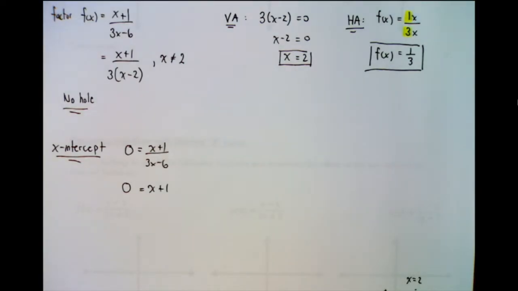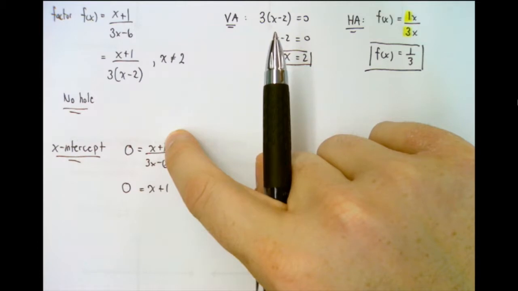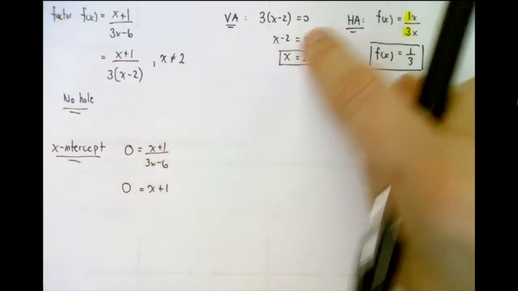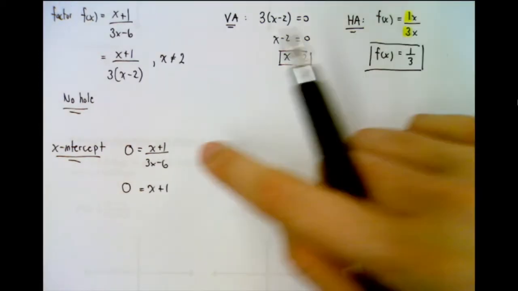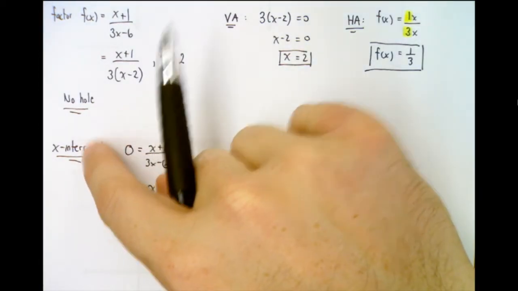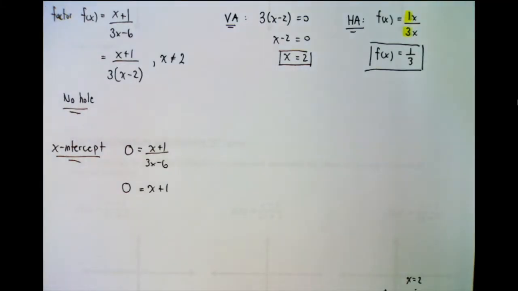So what that tells us is that when we're looking for x-intercepts, we're really just looking for the roots from the numerator. When we were looking for vertical asymptotes, we looked for the root of the denominator. So the numerator tells us our x-intercepts, the denominator tells us our vertical asymptote. Something key that we should remember.